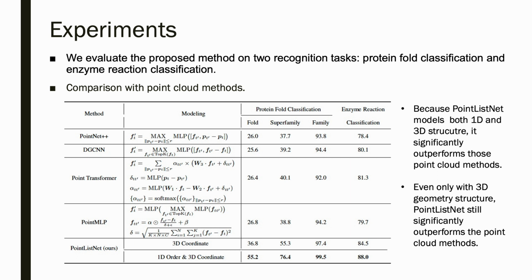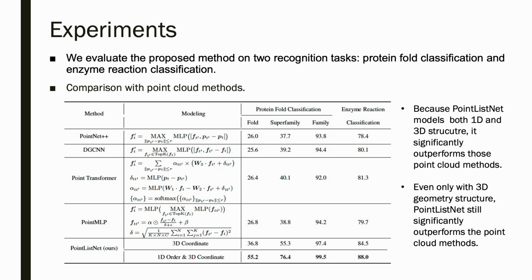We evaluate the proposed method on two recognition tasks: point cloud protein fold classification and enzyme reaction classification. Because PointListNet models both 1D and 3D structure, it significantly outperforms those point cloud methods. Note that even with only the 3D geometry structure, PointListNet still significantly outperforms the point cloud methods.